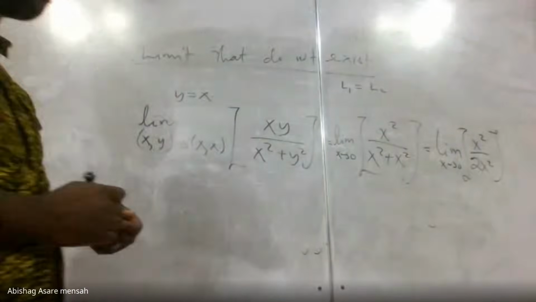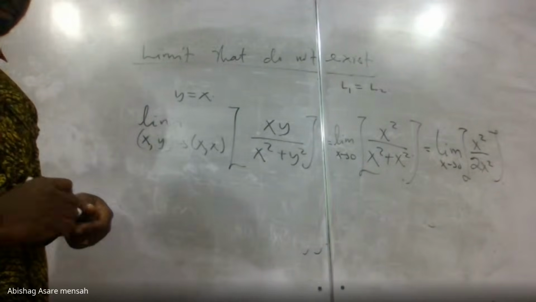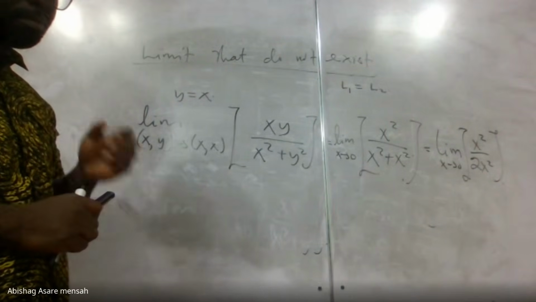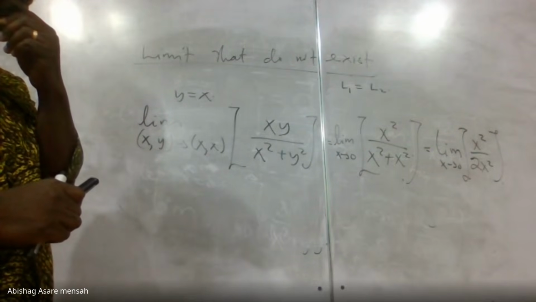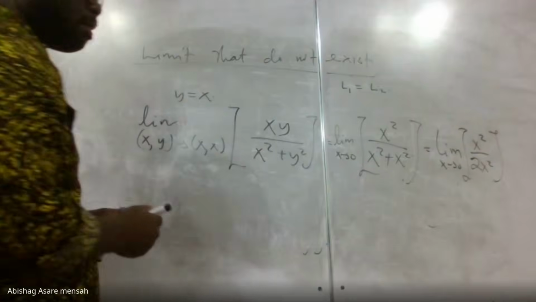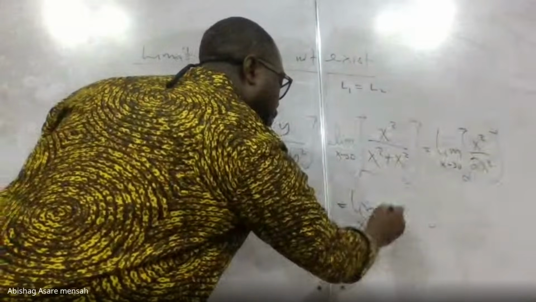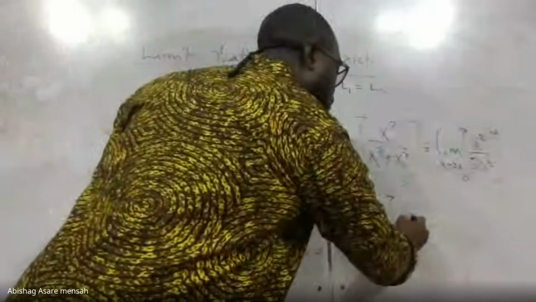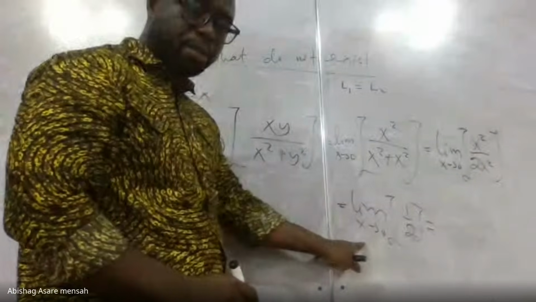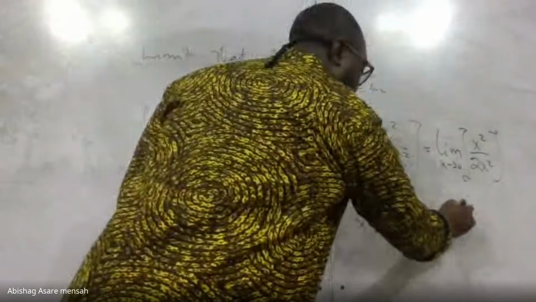This one will be the limit as x approaches 0 of x squared over 2x squared. So what do you get, please? 1/2. And if you find the limit as x approaches 0, 1/2 is the same as what? 1/2.